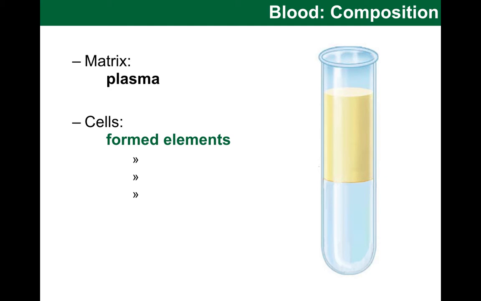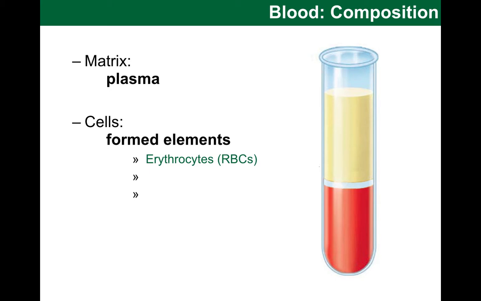Firstly, about 45% of the volume is red blood cells. These are known as erythrocytes, and often you will notice that I just abbreviate them as RBC. We also have white blood cells, abbreviated as WBC.